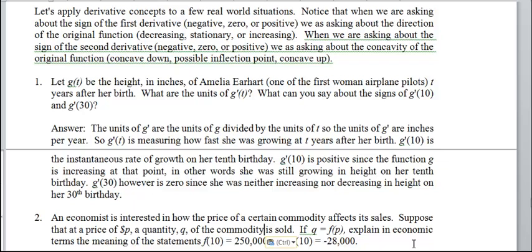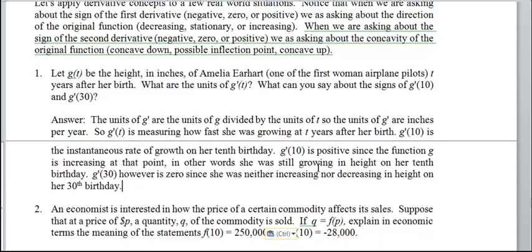Q is going to be some function of P, f of P. In economic terms, what is meant by the statements f of 10 equals 250,000 and f prime of 10 equals negative 28,000? Be sure you put appropriate units in your answers as well.